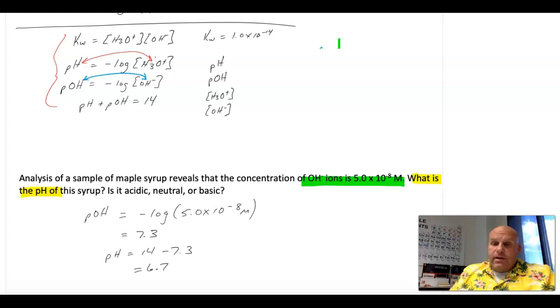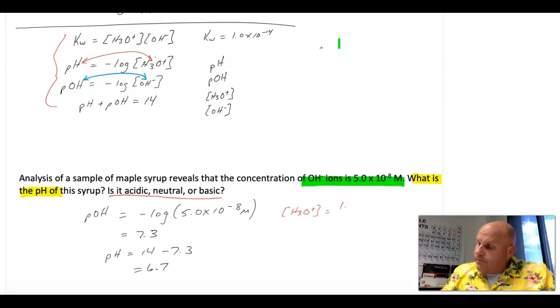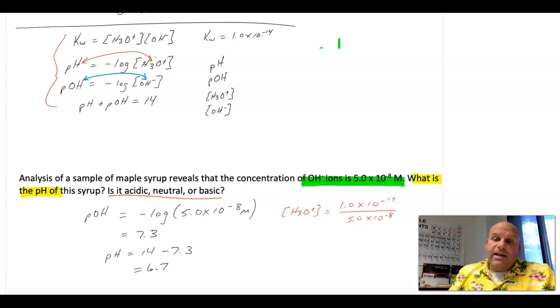We'll talk about the pH scale in a minute to answer the second part of this question, which is whether it is acidic, basic, or neutral. I could also have gone in a different direction and used that OH minus concentration to first calculate the H3O plus concentration by using our Kw, and then from there taken the negative log of that value to get our pH.